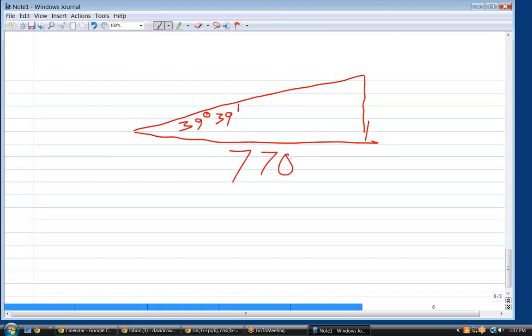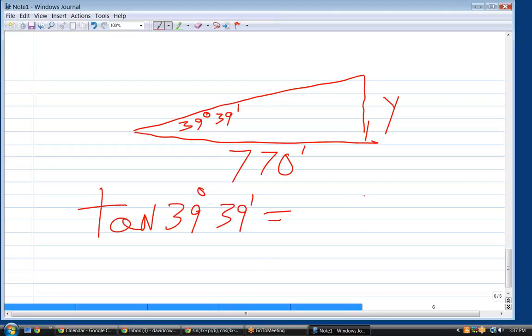We want to know y, right? What trig function will allow me to get y? Tangent equals what? y over 770. Which means y is equal to 770 times the tangent of that.